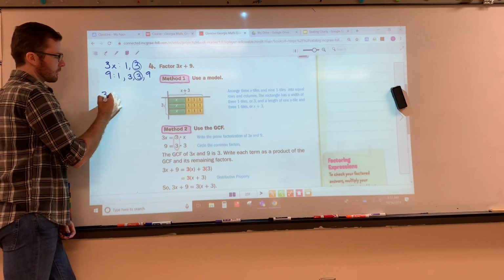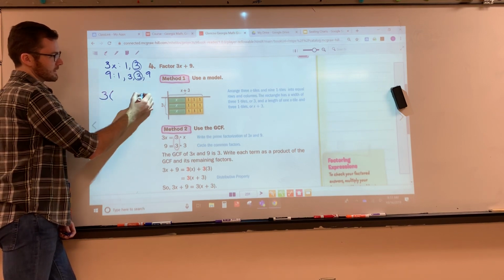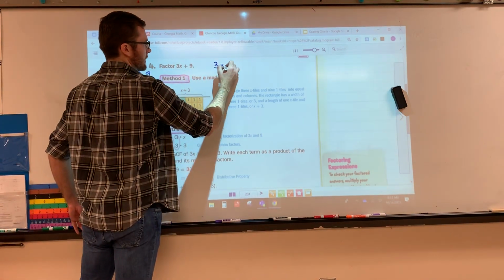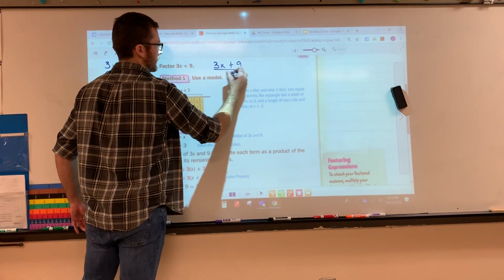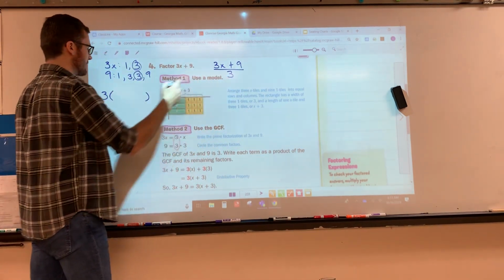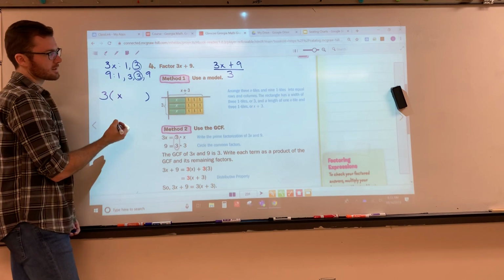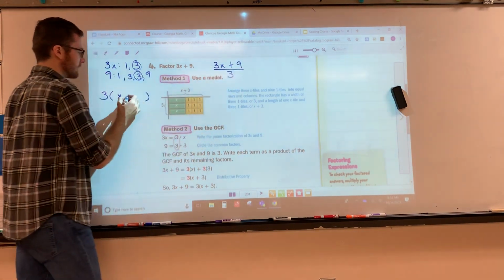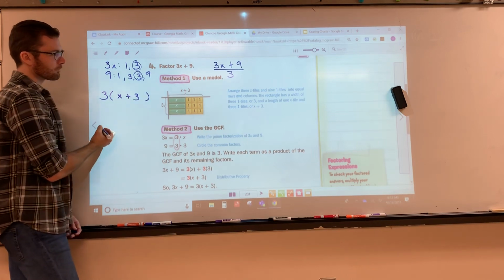So I'm going to write my 3, and then I'm going to write a parentheses. What is 3x plus 9 divided by my greatest common factor? Well, 3x divided by 3 is just x, 1x. And 9 divided by 3 is 3.